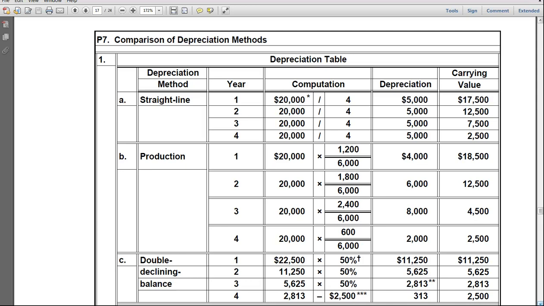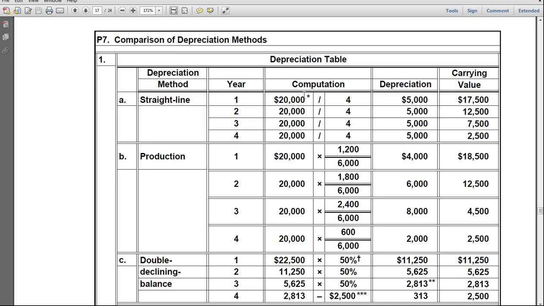So we take our depreciable cost divided by 4 years, and each year we will record depreciation in the amount of $5,000. You can then see here where we are calculating our carrying value. The carrying value is your cost minus the balance of your accumulated depreciation account.